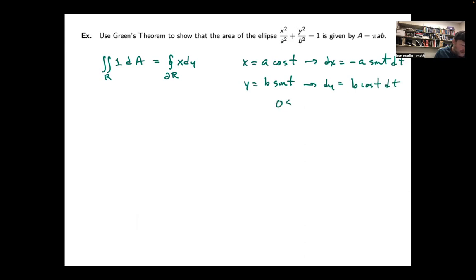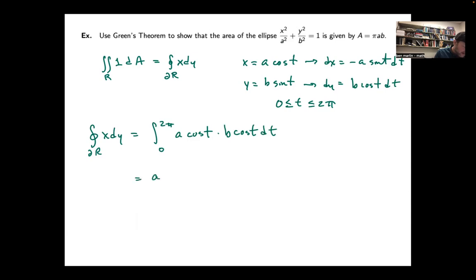And of course, we're going to be talking about our t going 0 to 2 pi, right? So in doing the integral around the boundary of x dy, that's going to be an integral 0 to 2 pi. The x is simply a cosine t, and the dy is simply b cosine t dt.